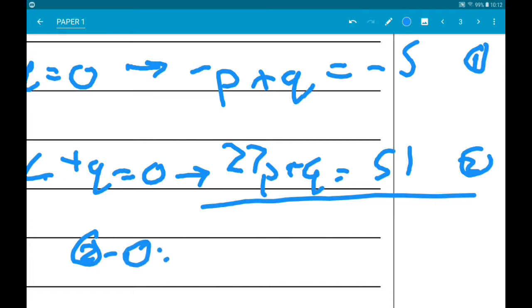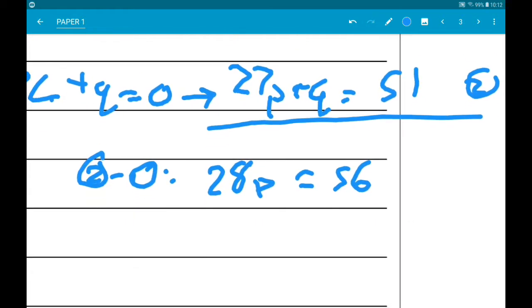So we are going to get 28p is equal to 56. That means then p is 2.